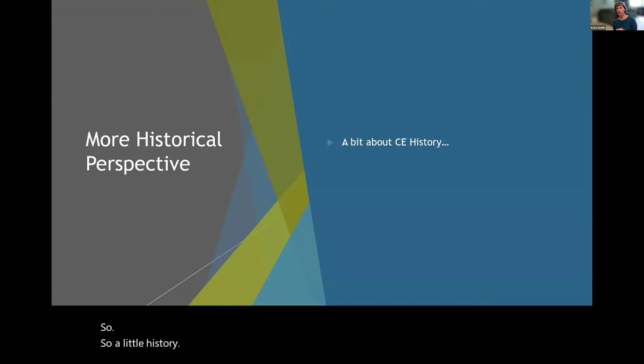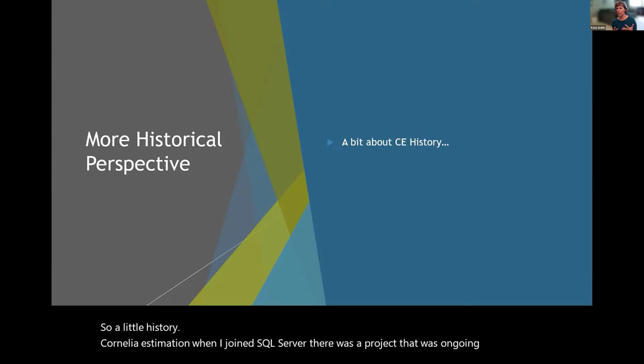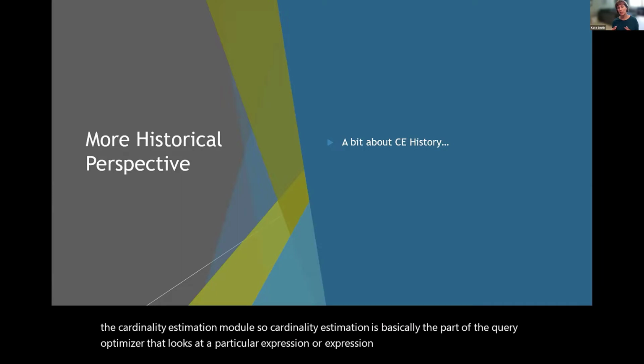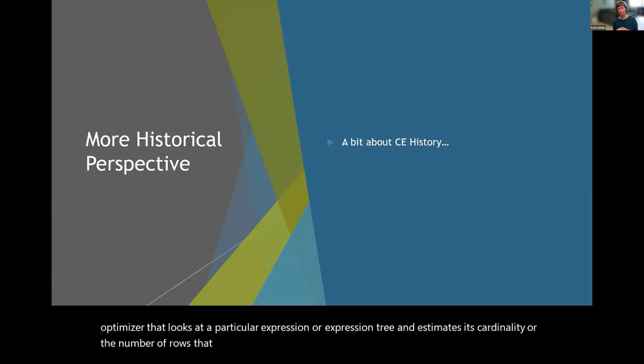Cardinality estimation. When I joined SQL Server, there was a project ongoing to rewrite the cardinality estimation module. Cardinality estimation is basically the part of the query optimizer that looks at a particular expression or expression tree and estimates its cardinality, or the number of rows that would come out of it.